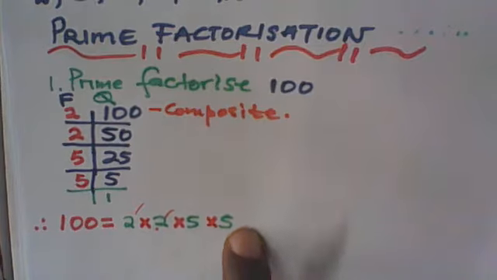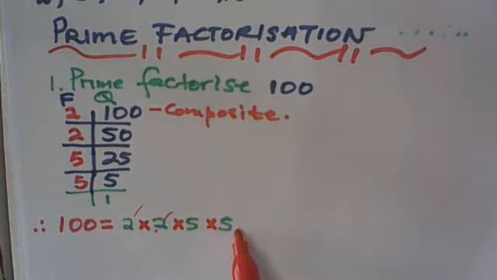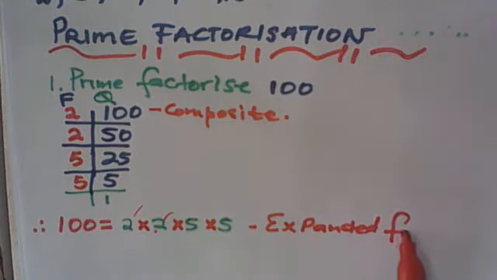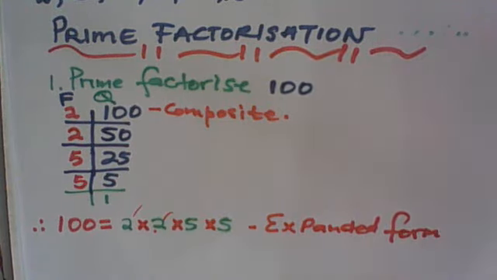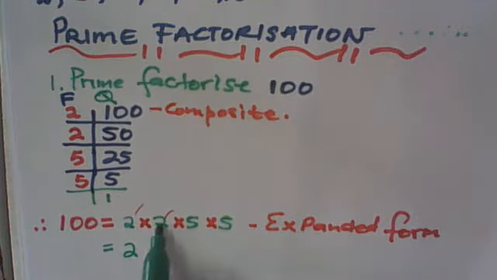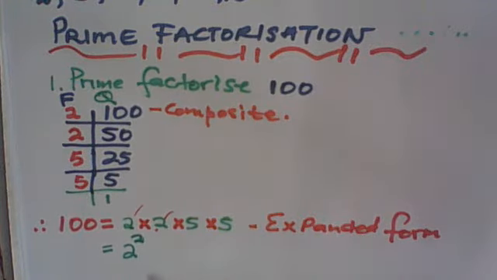Now, this is in expanded form. Now, we write that in exponential. 2, how many 2's do we have? 2.